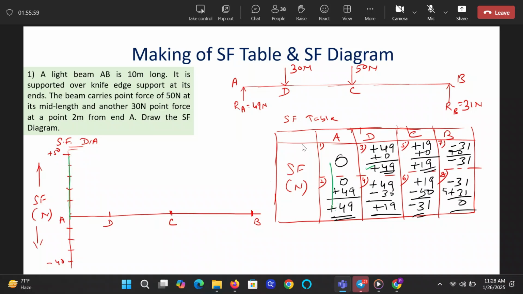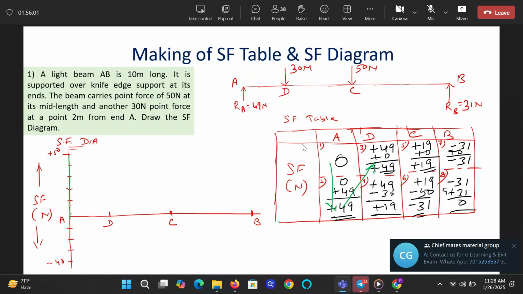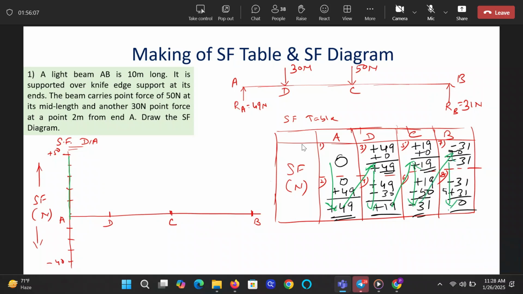So I join this point, this point, this point, this point, and this point. So it remains plus 49. I come to plus 19, remains plus 19, becomes minus 31, remains minus 31, and becomes 0.